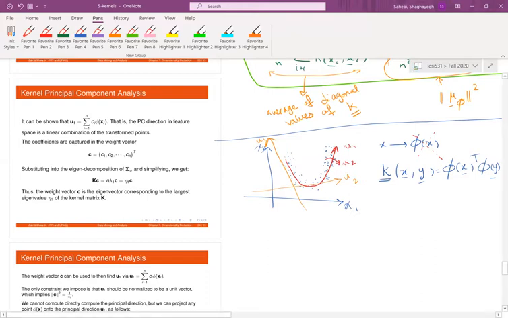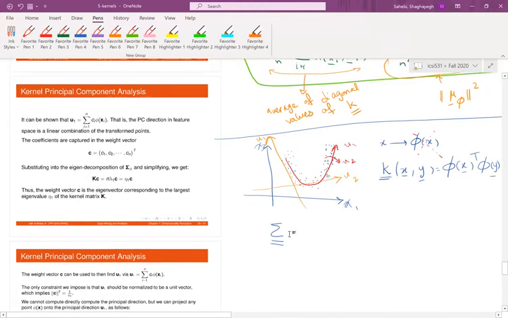So let's see how we can do the kernel PCA. You remember from the PCA formulation, what we had was like this. We were working with the covariance matrix of our data in the linear case. And we said, for example, sigma, the covariance matrix, multiplied by, let's say, U1, which is the first eigenvector of our data, is equal to lambda 1 U1. Right? And lambda 1 was our first, or largest, eigenvalue.